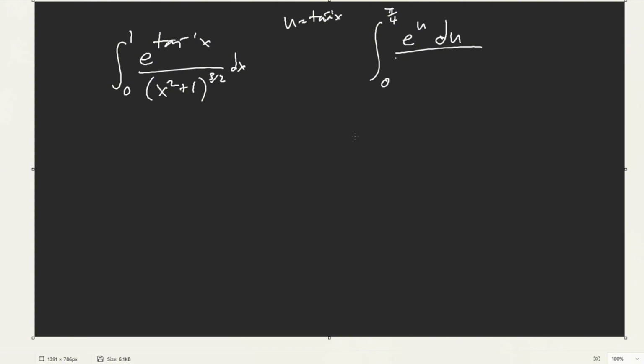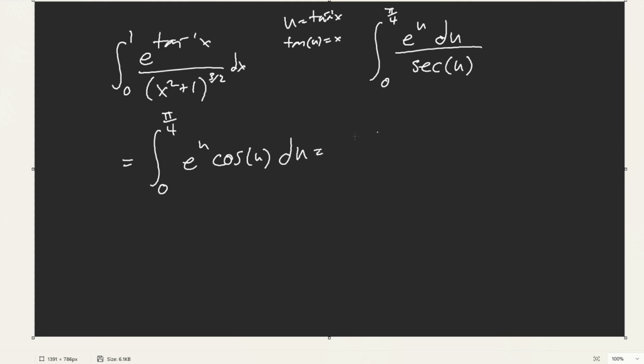Now notice that tangent of u is equal to x. We already have the x squared plus 1 taken out, so we are just left with the square root of x squared plus 1. And since x is equal to tangent, we end up with secant of u. And this is why I am disgusted, because look what we have. Okay. Thankfully, I memorized this.